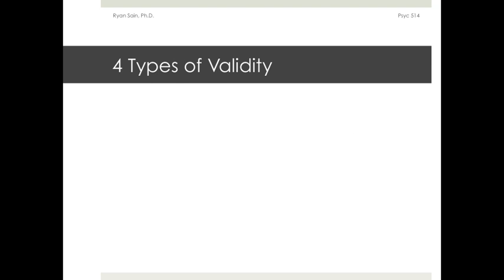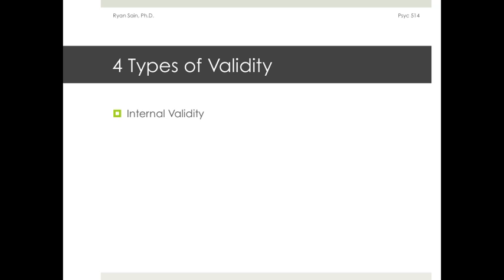All right, 4 types of validity as identified by your authors. Every specialist in research methods, if they write a textbook, tends to add their own, right? Shadish, Cook, and Campbell really broke these down into these particular 4 types of validity. But theoretically, you could break them down a little further.